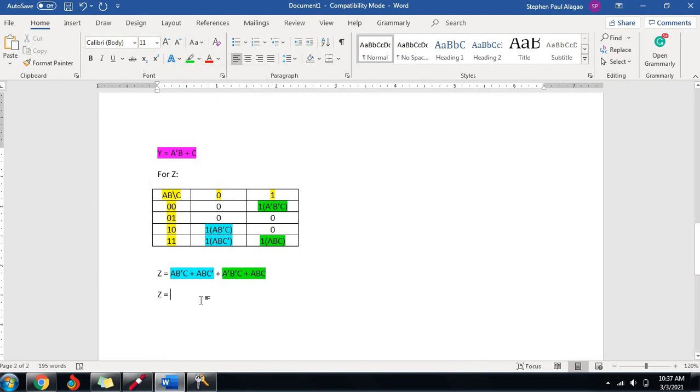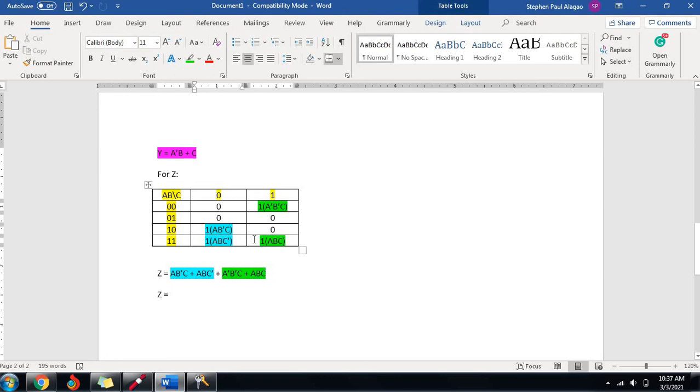So the common for this one, you have A. Only A is the common. So therefore, is it correct? Let me check. Oh, wrong. C should be bar, because it is 1. So A, B, C bar.